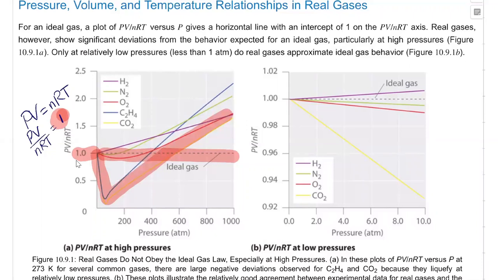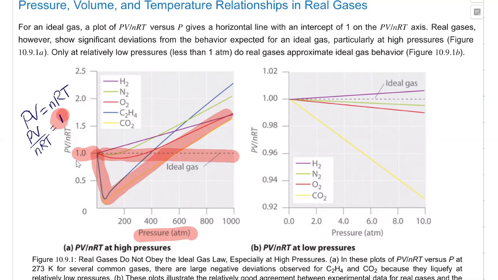That's kind of disturbing because we've been studying ideal gases. If real gases don't behave at all like ideal gases, then we have a problem. But the key was the pressure axis. These pressures are huge, nothing like the pressures that we normally encounter.